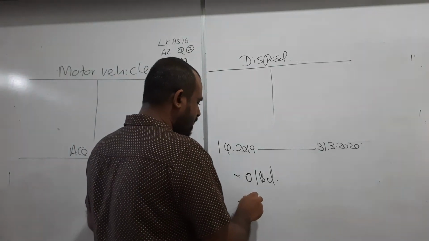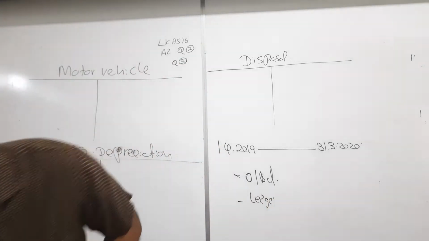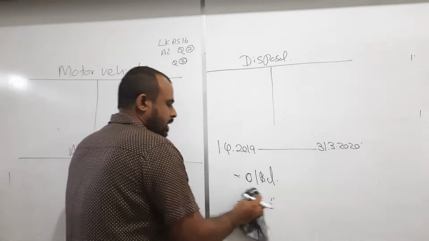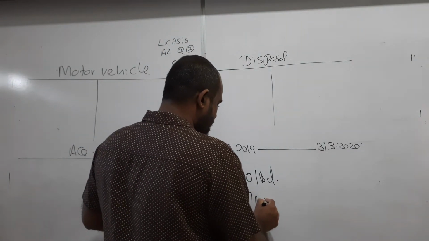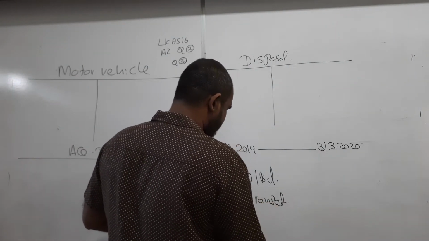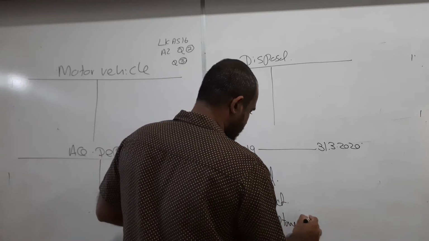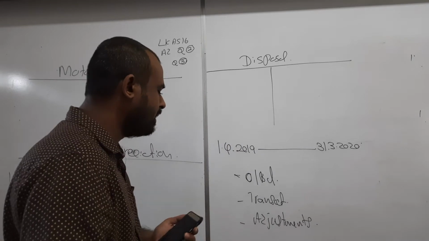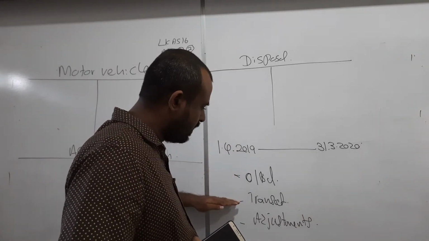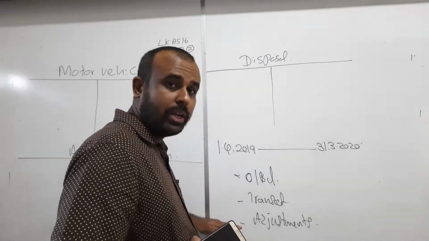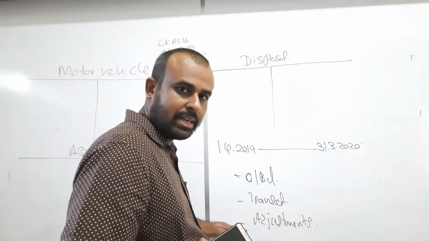Next you record the transactions during the period, and at last you do the relevant adjustments. Those are the 3 main things you are supposed to do. Is that clear?